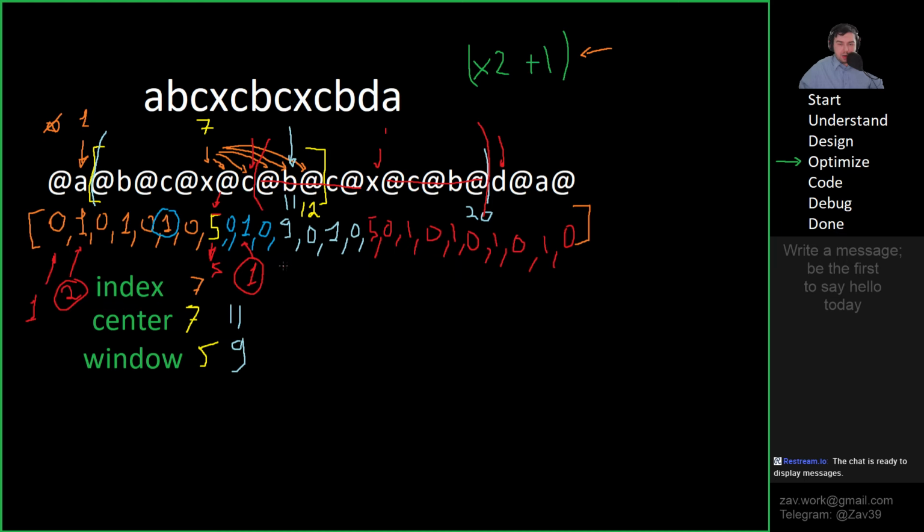Then we go to the bigger one, which is 9, and it starts with 3 symbols, because we're operating under this window all the time.